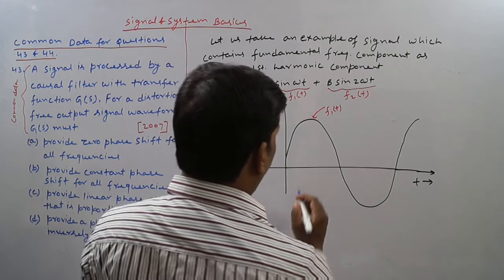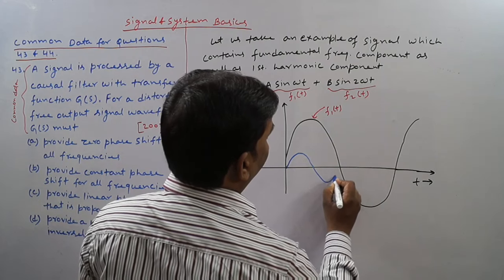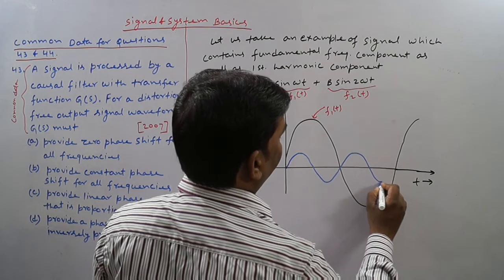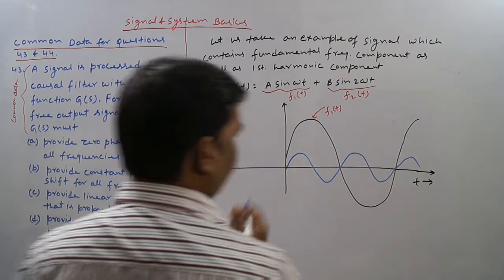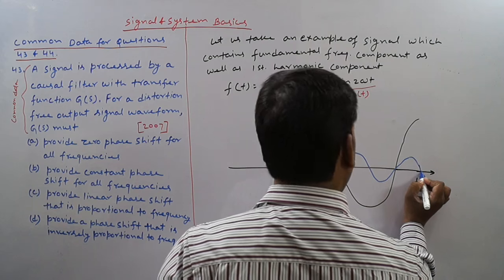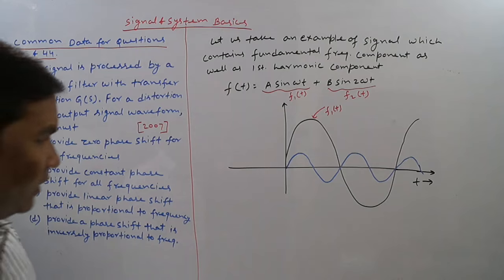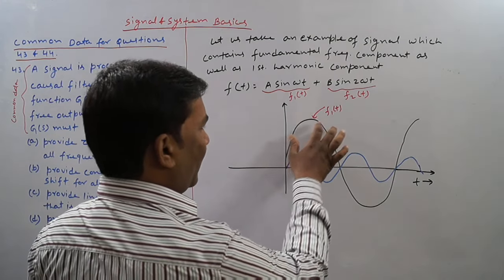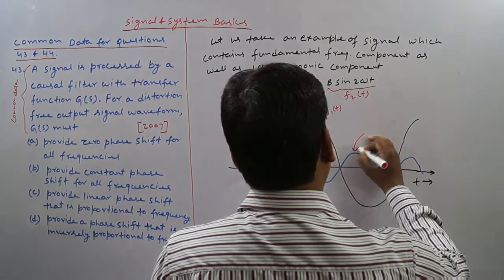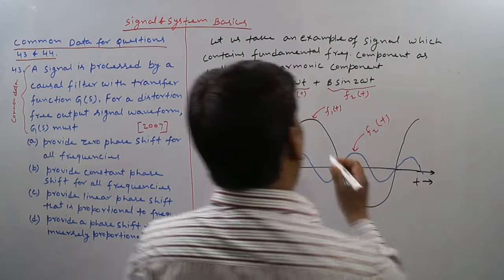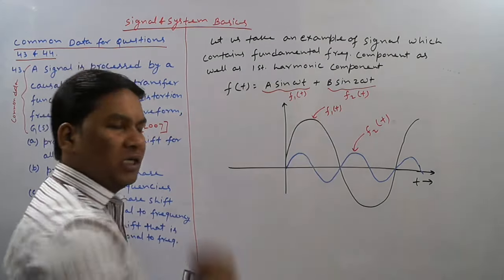So the graph for f2(t) will be like this. Let me name it first. This is f2(t).